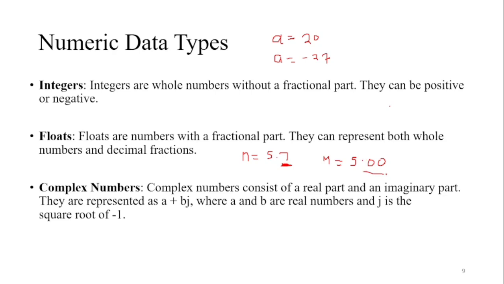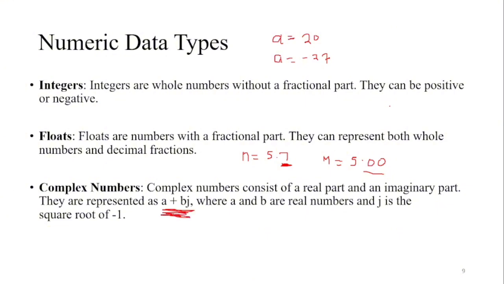And then we have complex numbers, or complex data types. A complex number consists of two parts: the real part and the imaginary part. We'll see much more about this when we do our practical. They are represented as a plus b j.